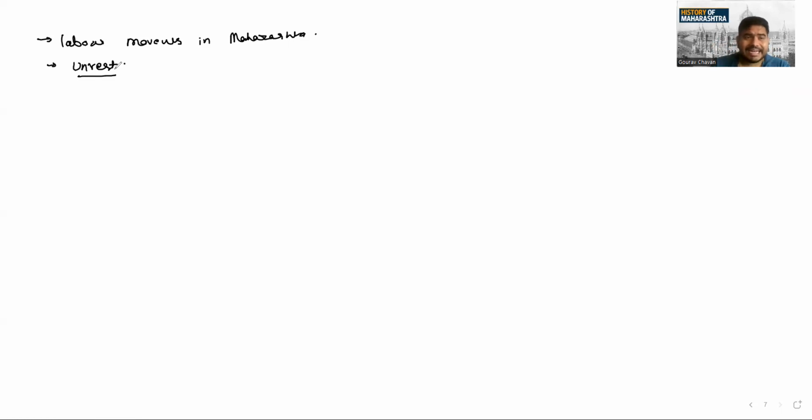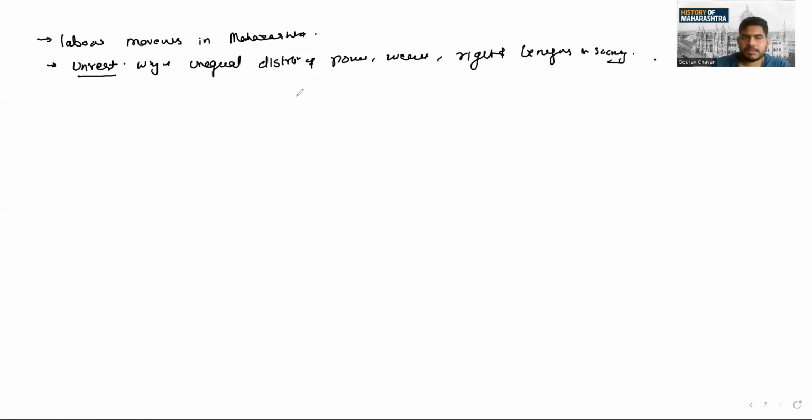People had great unrest within them because of the unequal distribution of power, wealth, rights, and benefits in society. Such movements came to improve the financial conditions and address the injustice done to laborers. I hope you're getting the context.